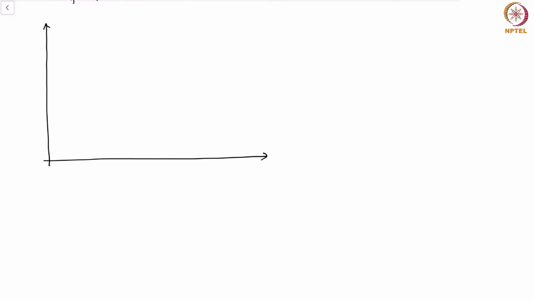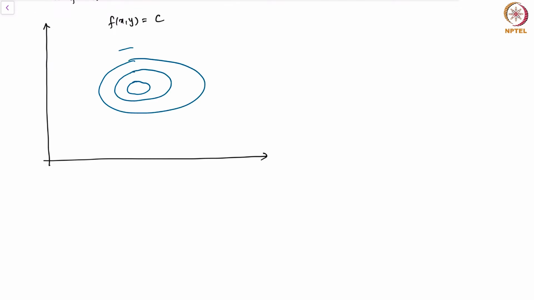Now let's say I consider a function which is defined as f of x comma y is some constant c. Okay, so I want to first make contours of this function. The way I'll draw contours of this function is I'll say that maybe there is a maxima, global maxima somewhere here, but these I can make contours.